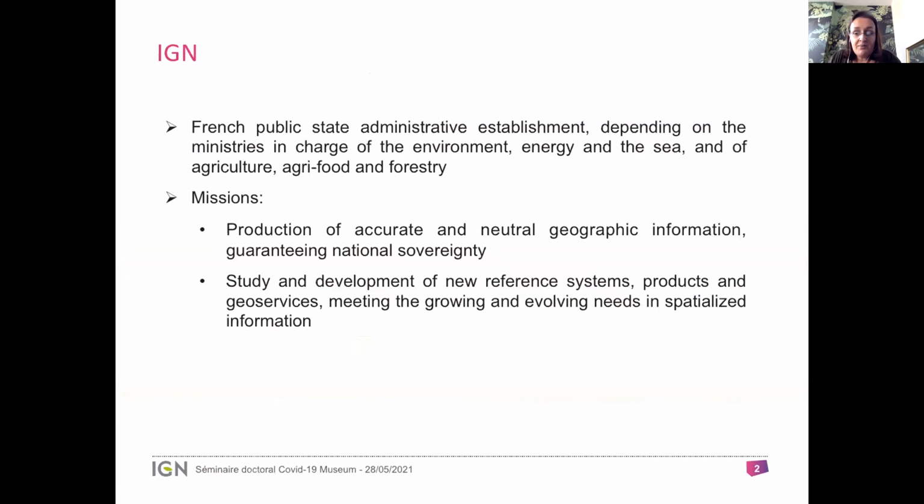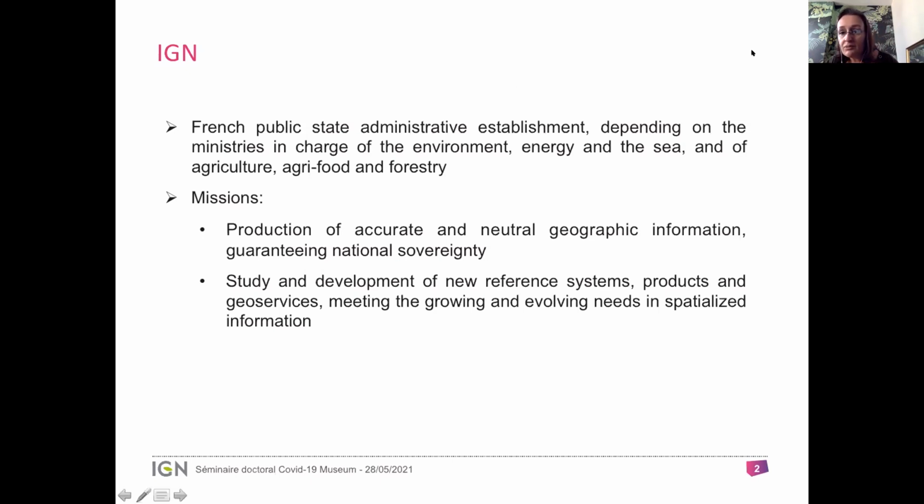We have two main missions: the production of accurate and neutral geographical information, which guarantees national sovereignty, and also the study and development of new reference systems, products and geoservices for meeting the growing, evolving needs of spatial information. So we deal with everything which is related to spatial information and which describes mainly the French territory.